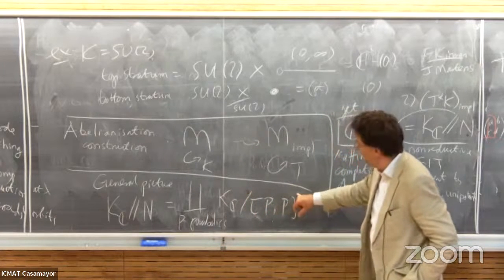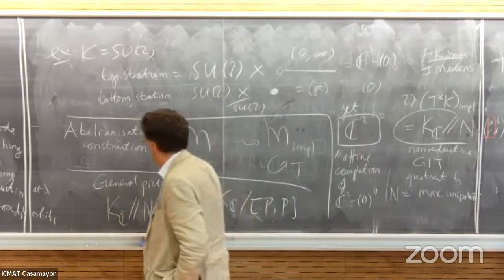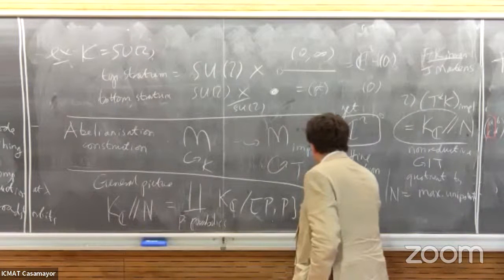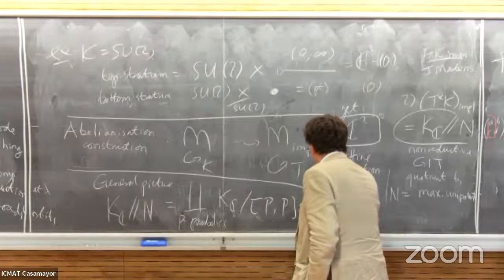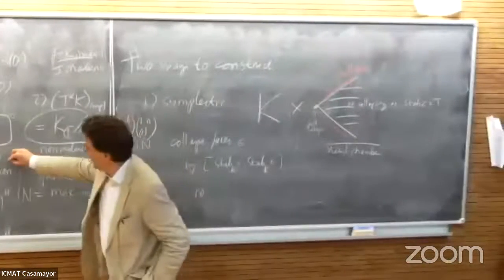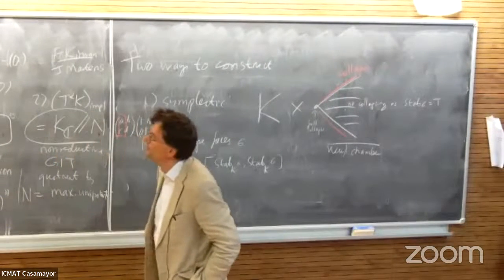It's the group modulo the commutator of the parabolic. So of course the top stratum is just K_C mod N. So this is an affine completion of K_C mod N.